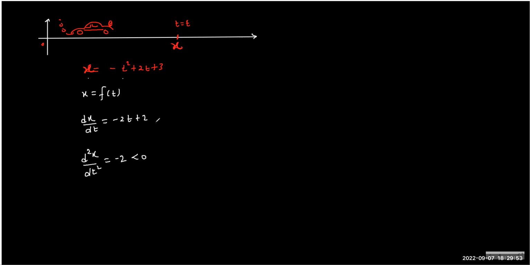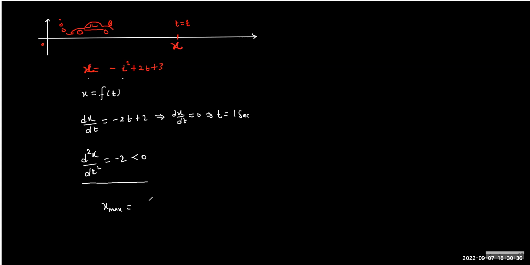So now, if we equate the first derivative to 0, what will we get? The value of t? 1. So which means at 1 second, the x will achieve the maximum value, right? Which is obvious from the second derivative test, because the second derivative is negative, which means only a maxima is possible. So what is the farthest point you can reach? What is x max?